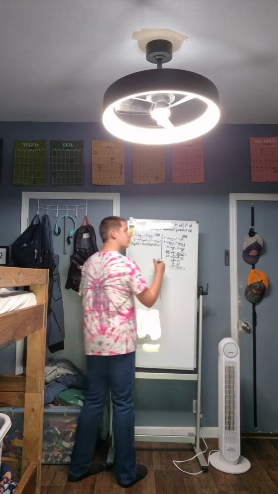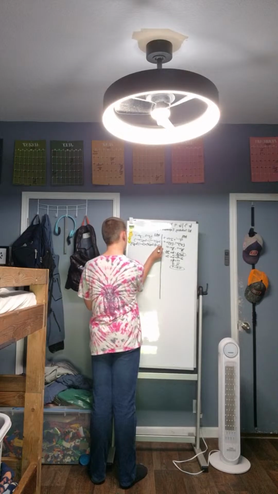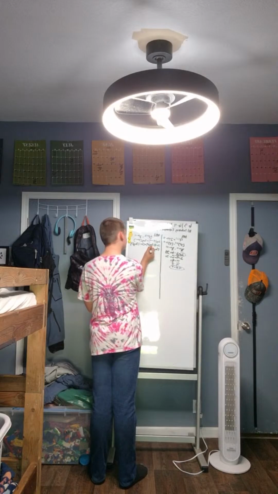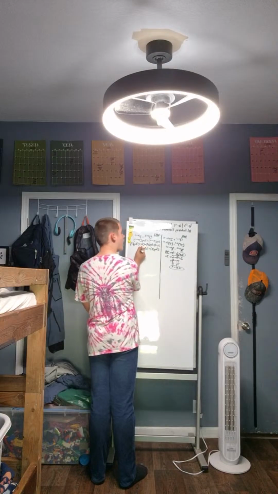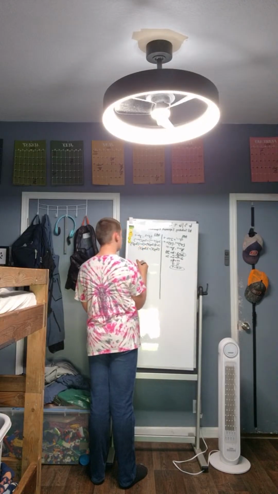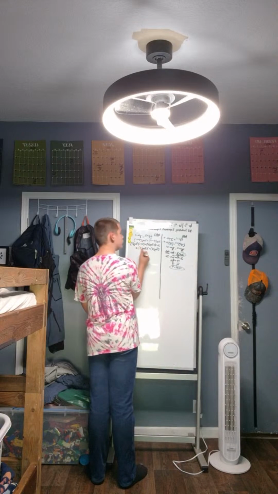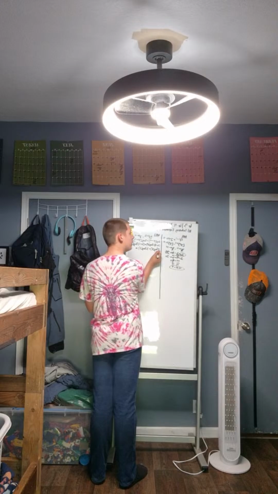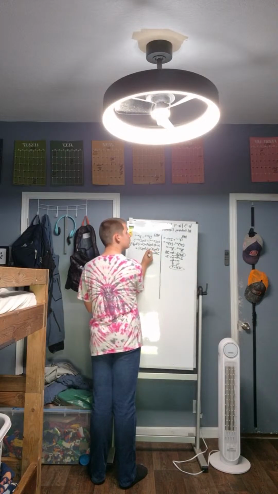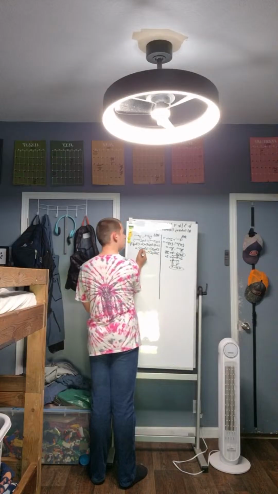Now I have to take x log 5 plus 3 log 5 equals 2x log 7 minus log 7.